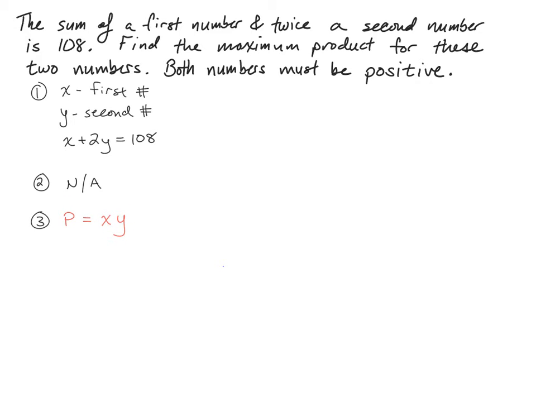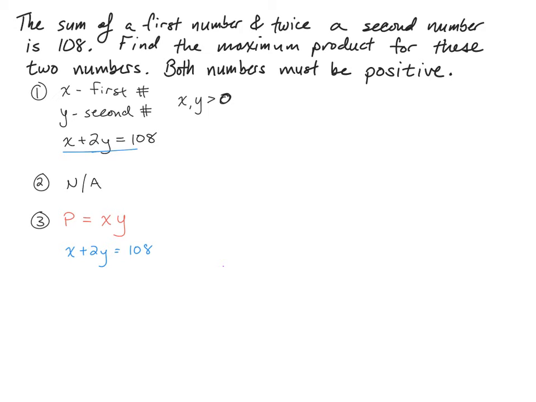One thing I should mention before I go any further is that x and y have to be bigger than 0. They have to be positive numbers. So the other equation here, our secondary equation, will be the one that we found right here: x plus 2y equals 108.